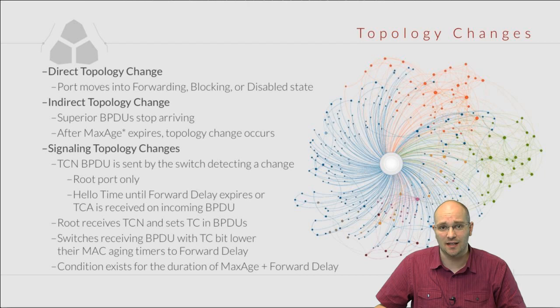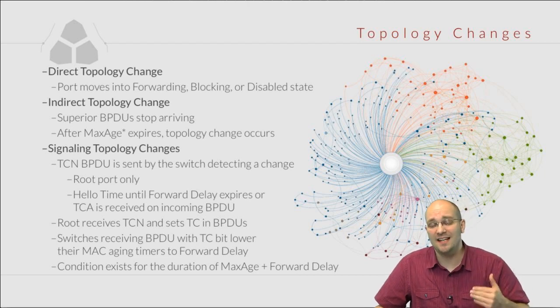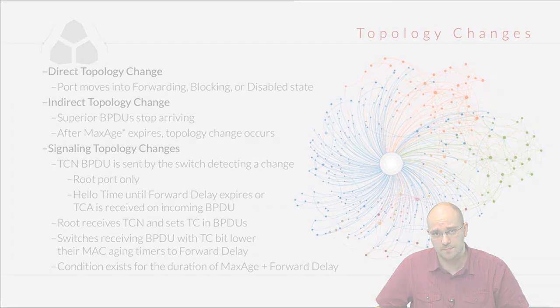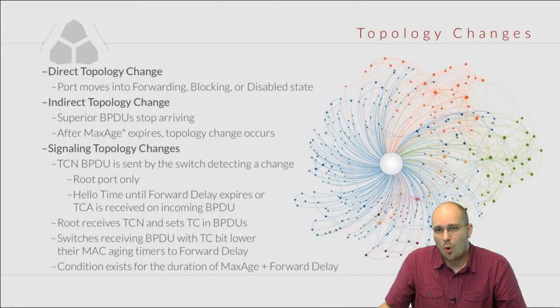We can say that the switch is experiencing a topology change. Once the switch is experiencing a topology change, either direct or indirect, it needs to inform the rest of the network about that. It is going to do that using topology change notification BPDUs.